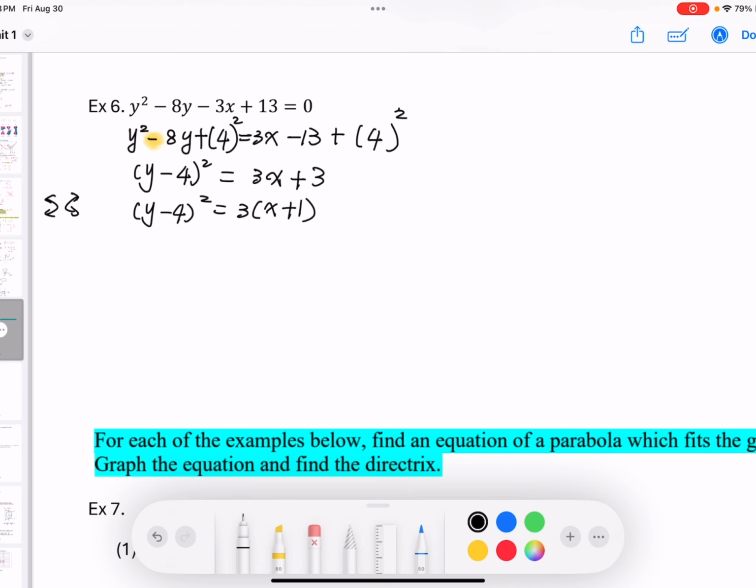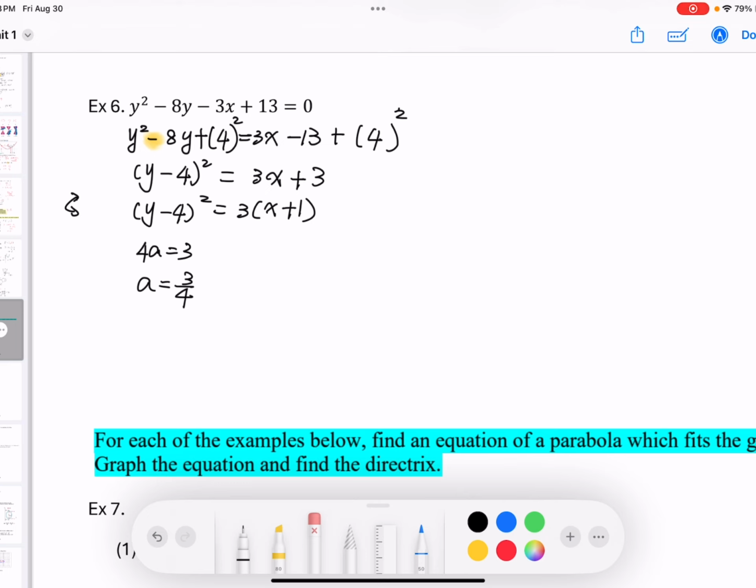And then the a: 3 equals 4a, so 4a is equal to 3. A is positive, equal to 3 over 4. And then we can only choose the graph open to the positive x direction.